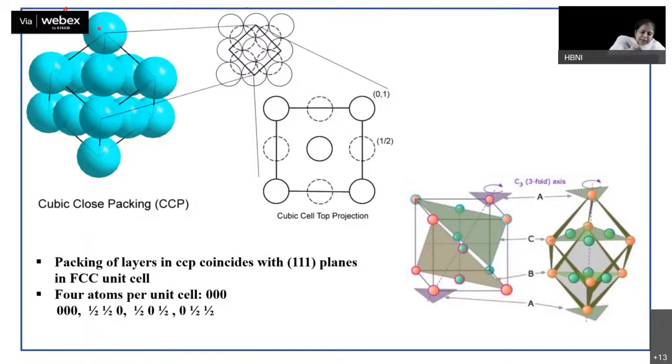Assuming this is a sphere of the first layer, the A layer, these are the spheres of the B layer. CCP is your ABC packing. These are the spheres of the C layer. This is again the sphere of the A layer. It falls directly below this, as you can see. But now my FCC unit cell, as you can see, is placed like this. This way.